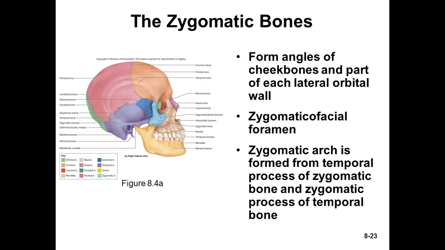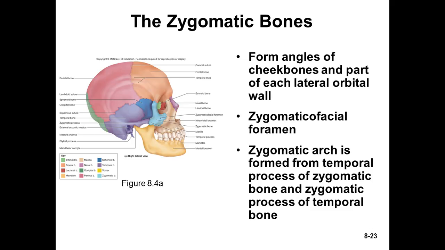They call it an arch because there's a bridge between the temporal bone and your zygomatic bone, which is called the zygomatic arch or the zygomatic process. So a little paragraph on that, page 244 of your textbook.